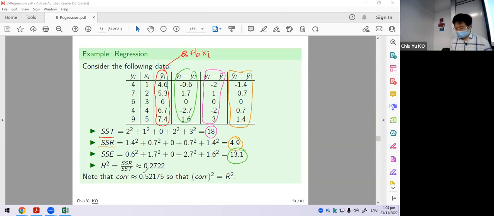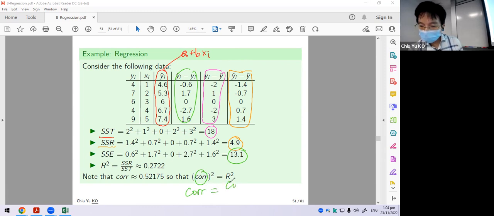So one thing I want to mention is how R-square is related to the correlation coefficient you learned in topic 1. We learned the correlation coefficient, COR, which is the covariance of xy over the square root of variance x times variance y.